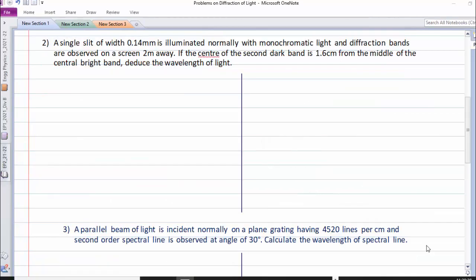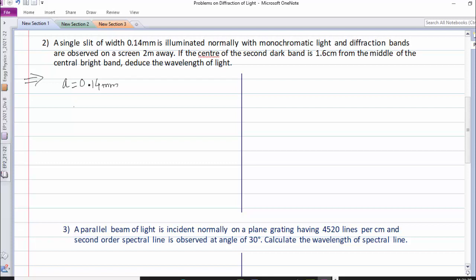Now the second problem. Write what is given first, then we will see what is to be found out. Read this problem again: a single slit of width a is given as 0.14 mm.